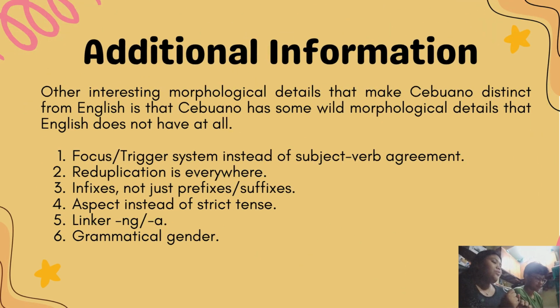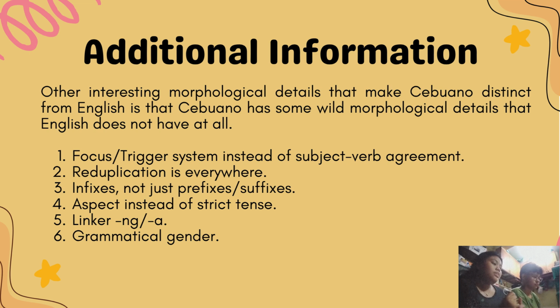So, the other information that we have is that Cebuano differs significantly from English in several unique morphological features. First, it uses a focus system instead of subject-verb agreement. While English verbs change based on the subject, I walk versus she walks, Cebuano verbs adjust to highlight the topic of the sentence.